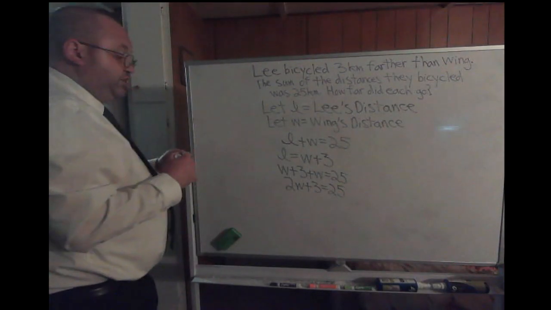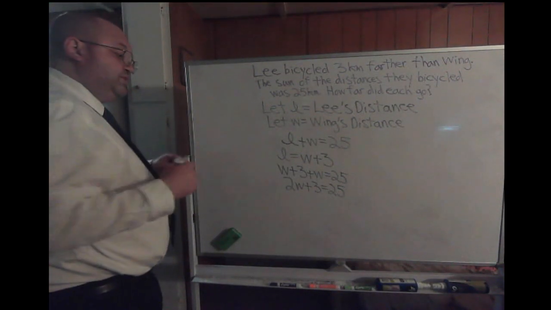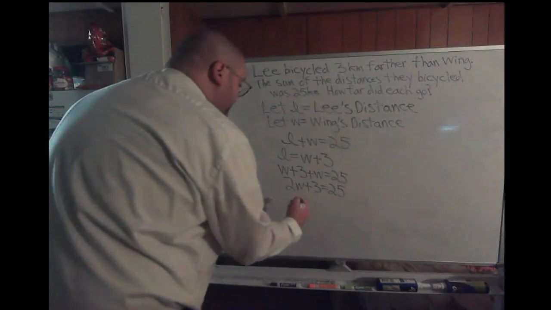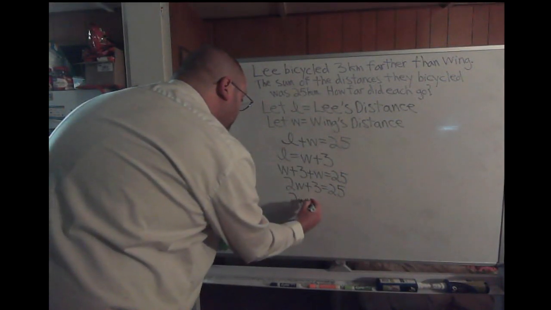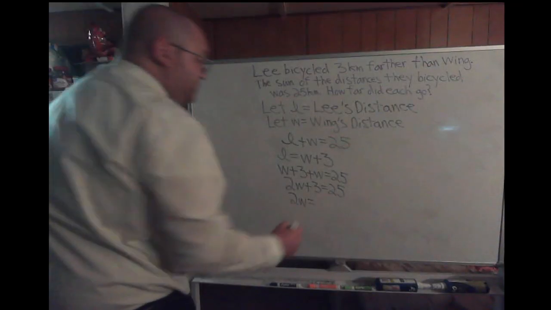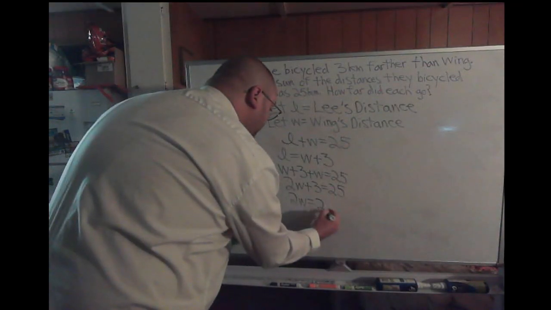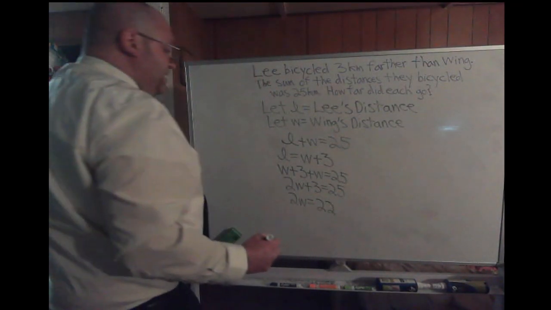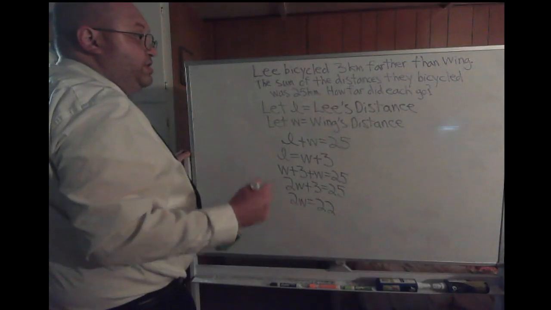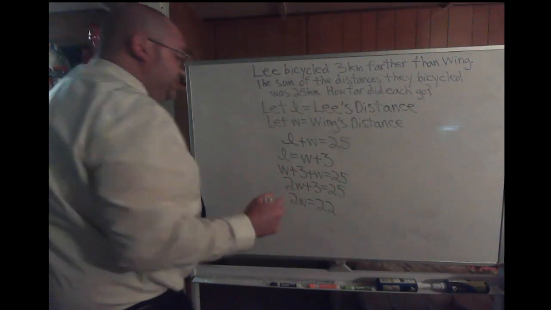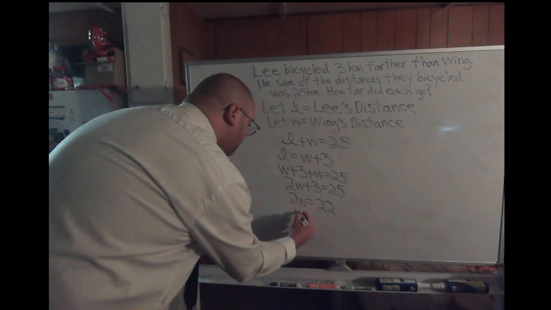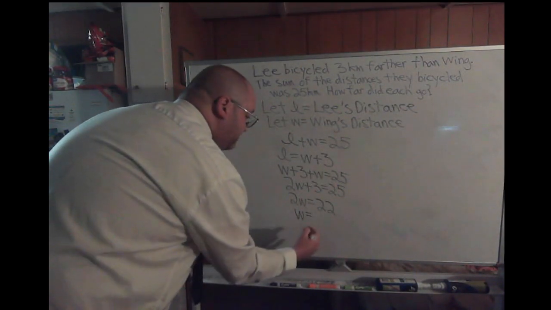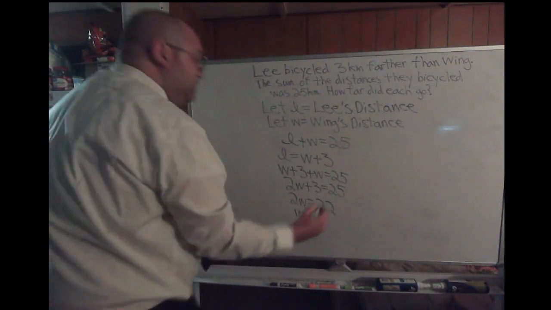Now, we have 2W plus 3. We want to just have 2W. Well, we need to subtract 3 from the left side. If we do that, we'll just get 2W. But what you do to the left, you've got to do to the right. 25 minus 3, well, that's 22. Now we have 2W, we want to just get W, so we've got to divide both sides by 2. So we do that, we'll just get W on the left, 22 divided by 2 is 11.